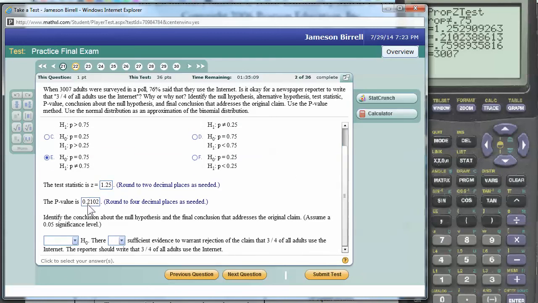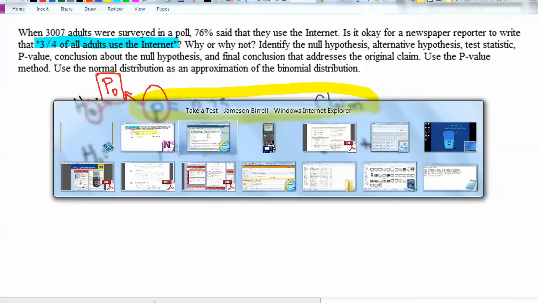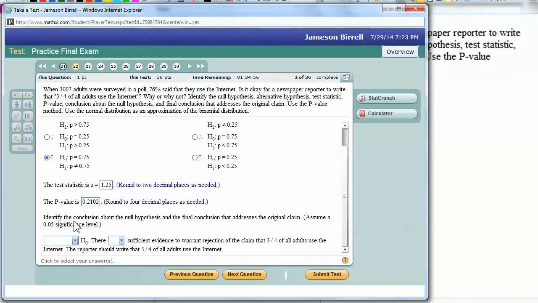Now that p-value is pretty big, so it depends on what we were going to use for the level of significance, and I said already when I was looking at this that they didn't give me a level of significance, did they? But then here it comes. Identify the conclusion that we'd make if we used a 5% level of significance. P-value is not less than the level of significance alpha.